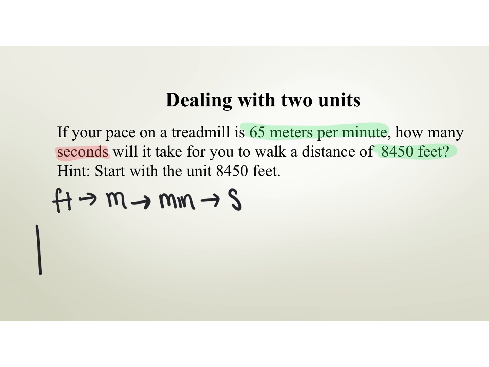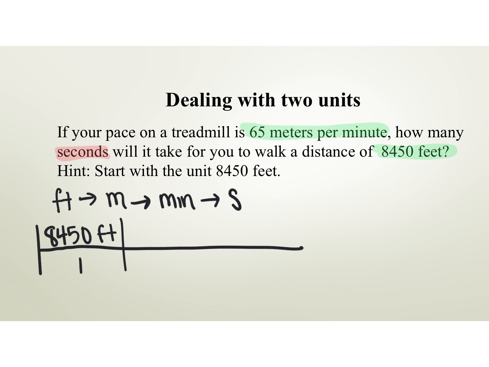All right, so now once we have our plan, we can do the dimensional analysis. So what number are you going to start with? 8,450 feet. And we have to get to meters. Do we know how many feet are in a meter? Can we do a quick Google? Someone who has their iPad up, will you just do a quick Google for us? How many feet in 1 meter?